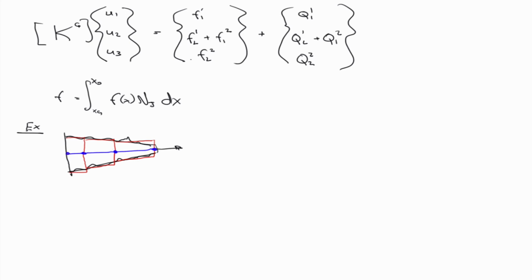So 4 nodes. It's all made of the same material, so everything has Young's modulus E. Let's assume that all of the lengths are the same for each of the 3 elements. But they do have different cross-sections, so this would be A1, A2, A3, okay?